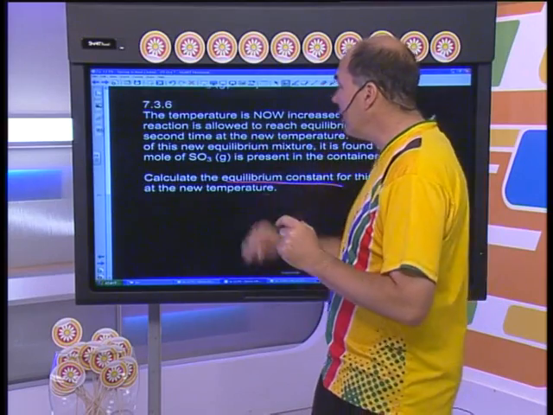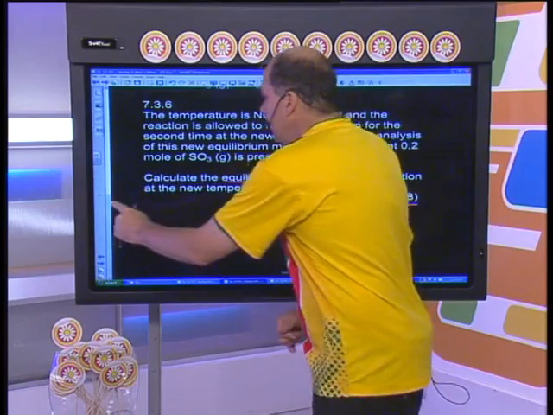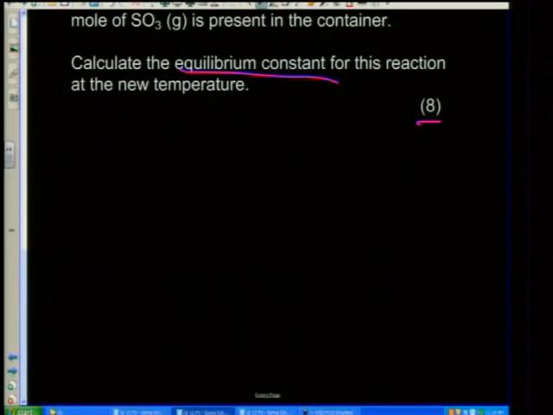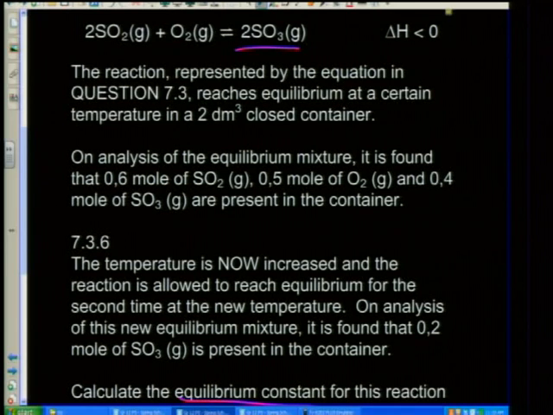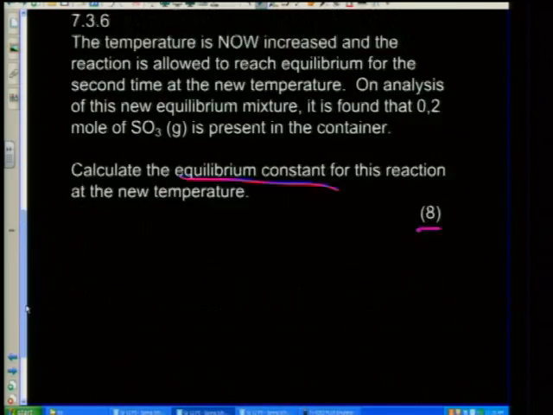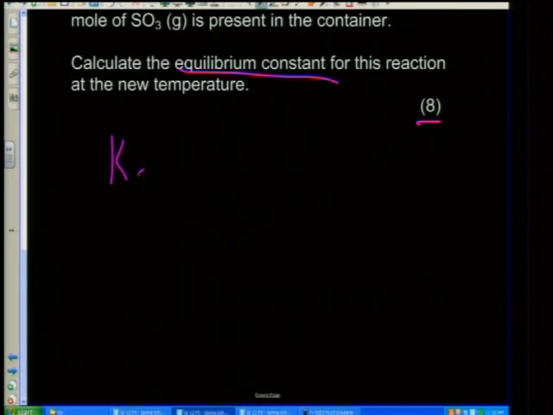So the first thing that you do when you see calculate the equilibrium expression, you must write down the Kc expression. So we take a look again at the balanced chemical equation, recognize that's a product, and these are the reactants. And you will know that the Kc expression, we have the products on the top.